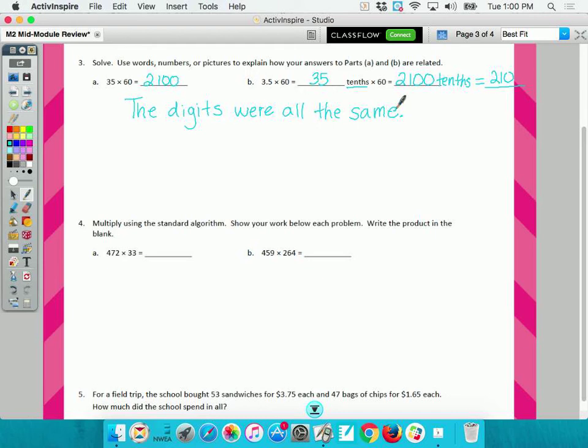The digits were all the same. What changed? Tobias, what changed? Where the decimal is placed. That's right. So what changed? The place value. So the place value in B, I'm going to say B for problem B, don't you think? Yeah.